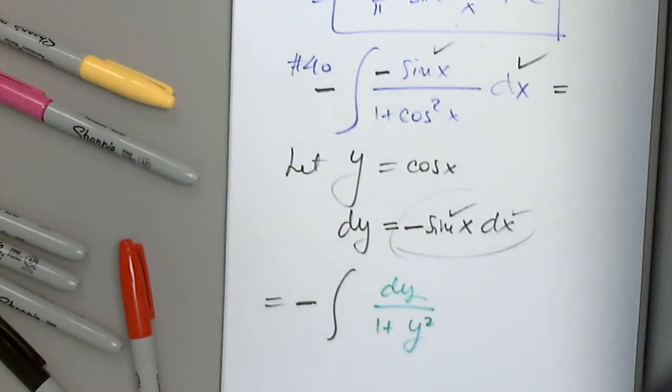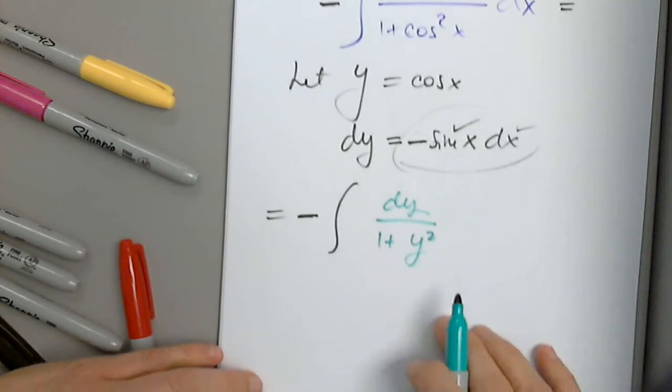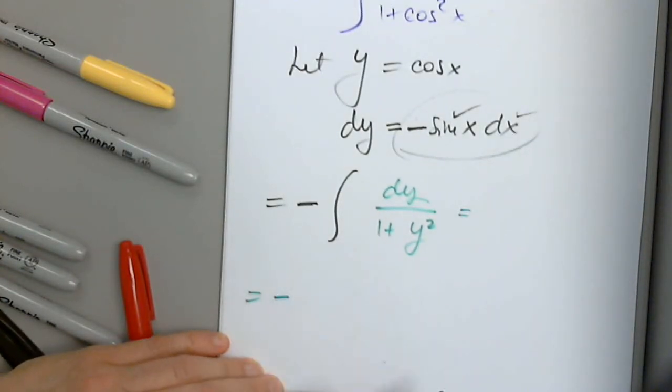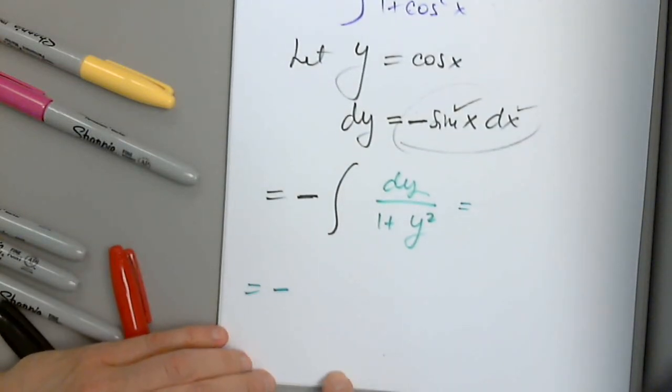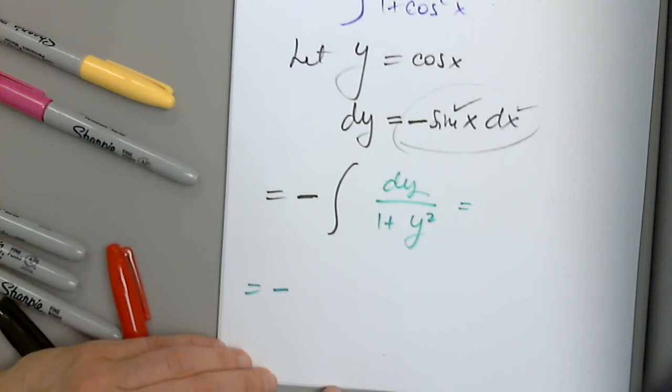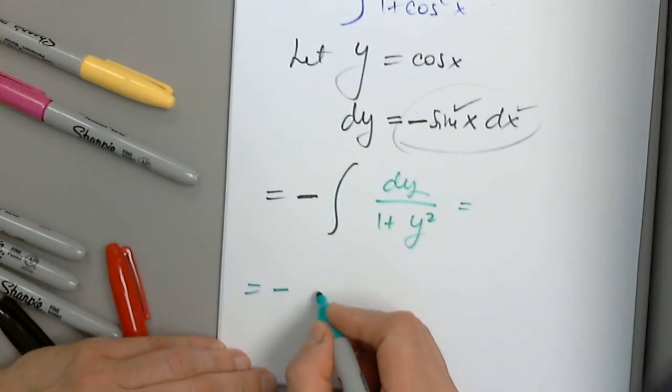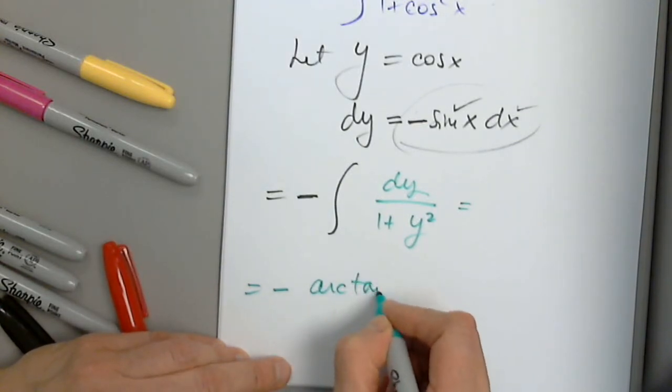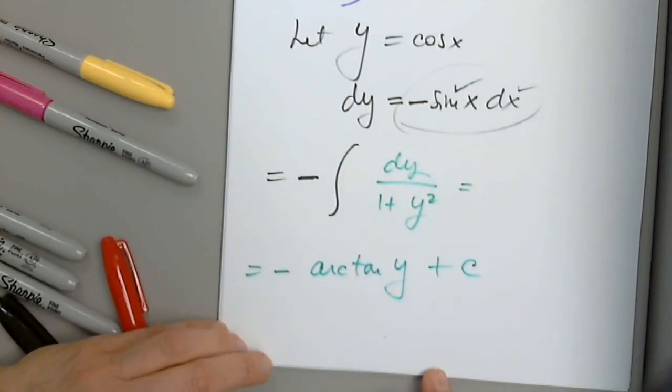So negative outside, the integral from dy indeed, because it's -1 times sine times dx, which is dy, and the denominator is indeed 1 plus y squared. What function prime is 1 over 1 plus y squared? We had it 3 minutes ago, 4 minutes ago, or maybe 10. Very good. Arctangent y plus a constant c.